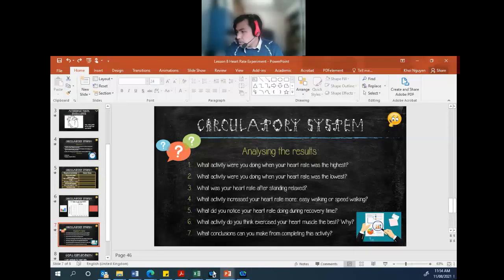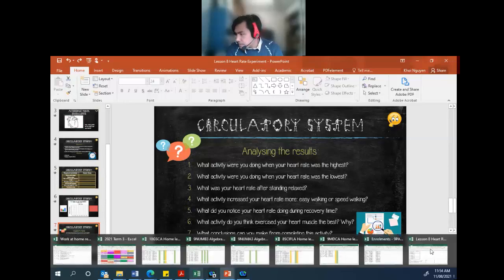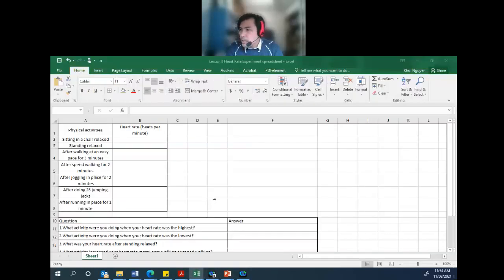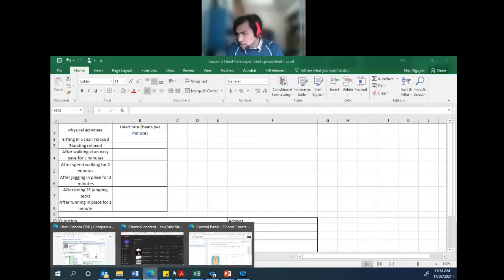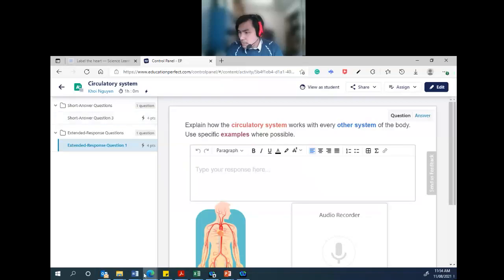Now, to help you with the graph, if you go back to the learning task, where is it? So in the learning task, you can get it open. If you go back to the lesson plan, you would see that there is an Excel spreadsheet. Let me just get it open.